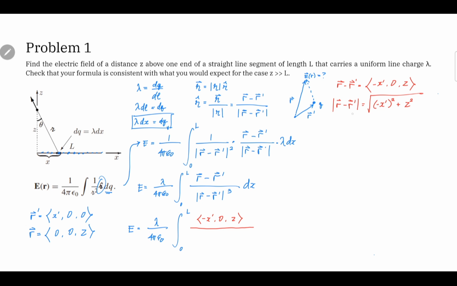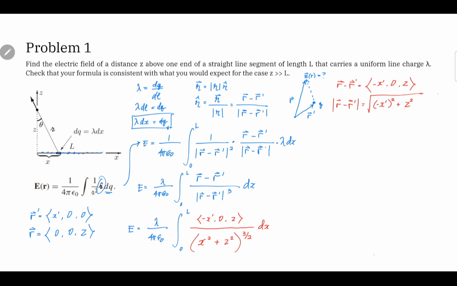And on the denominator, you know how we have cubed here, right? And this is a square root. Square root is just the power of 1/2. So we just multiply those two together, and we're essentially going to get, I'm just going to square it right away, x squared plus z squared raised to the power of 3/2, dx.